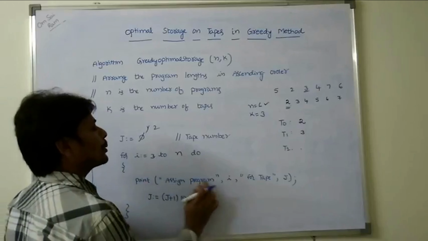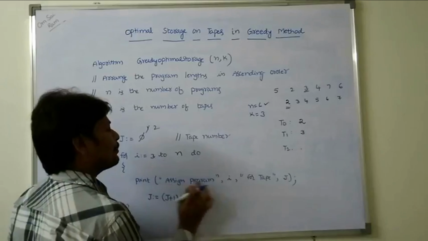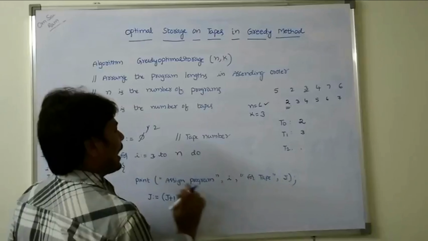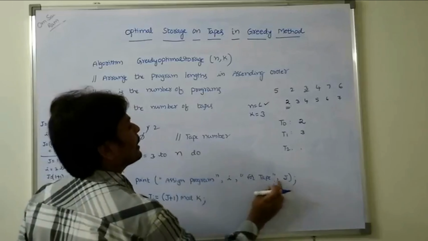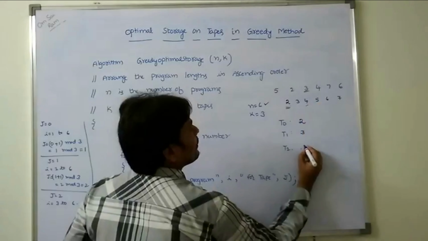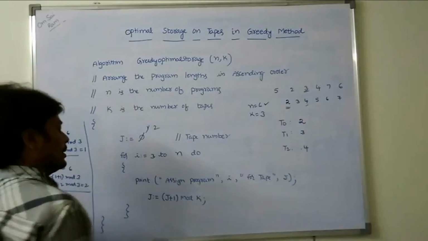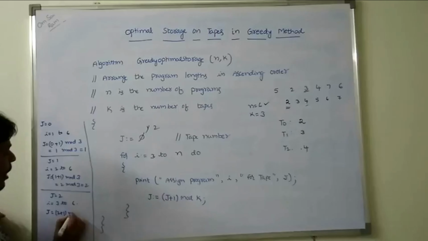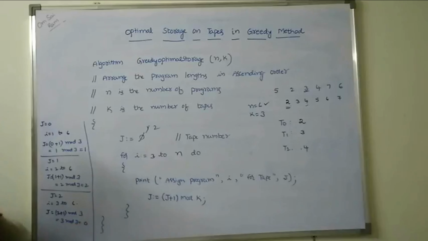Print assign program i, value is 3, assign program 3 for tape j, j value is 2, assign program 3 for tape 2. Program 3 is 4, it can be assigned to tape 2. Next, j value is 2, so 2 plus 1, mod 3, that is 3 mod 3, which is equal to 0. So i is incremented.